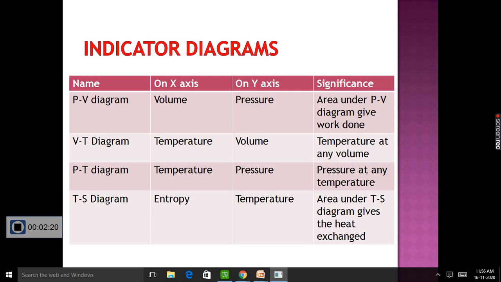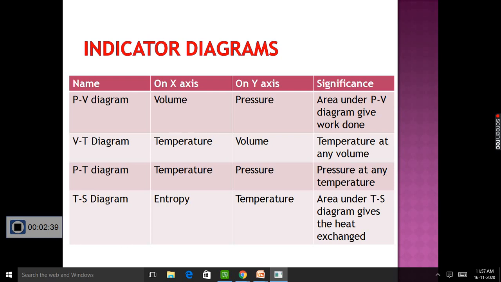As you can see in the table, PV diagram is an indicator diagram in which the thermodynamic process is represented by plotting pressure and volume.